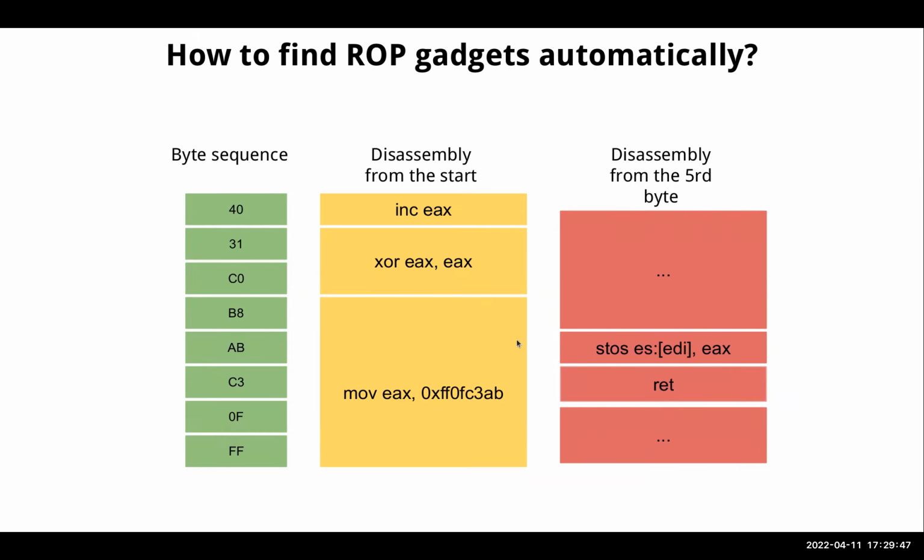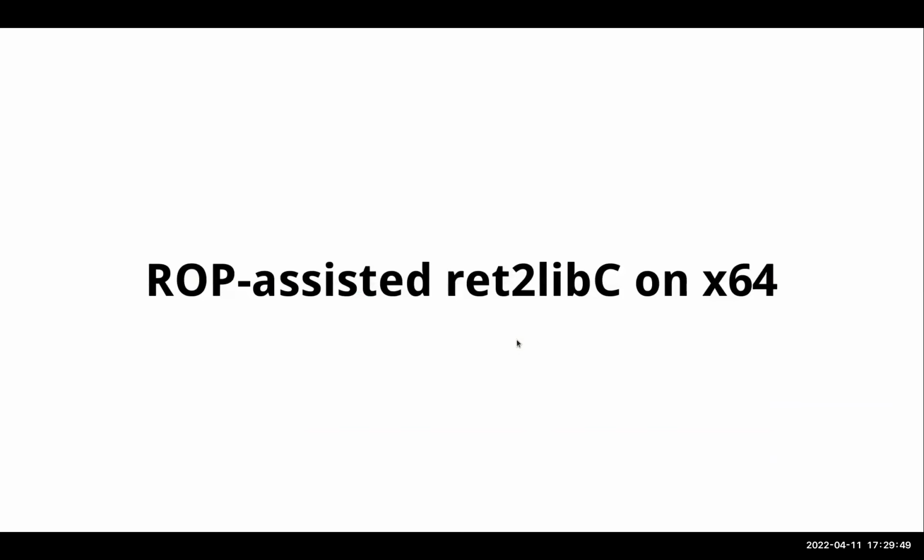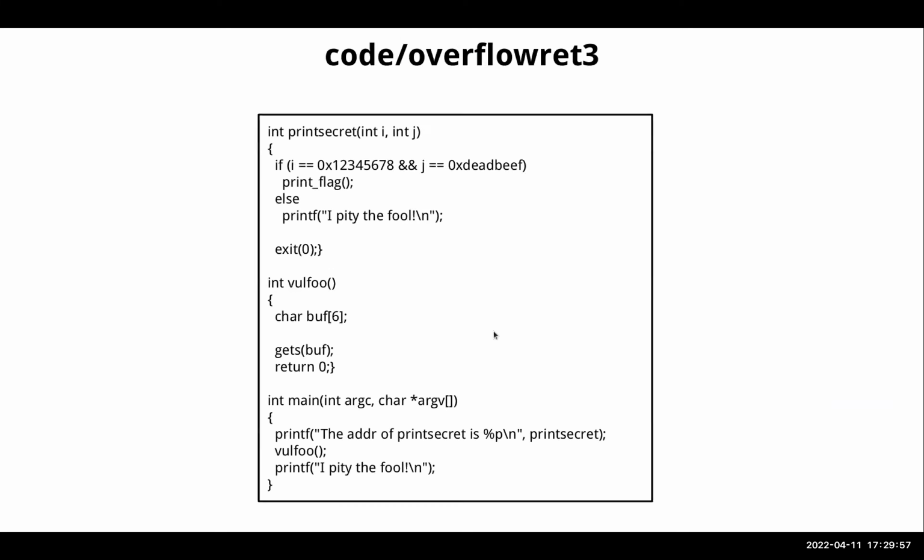Okay, so next, let's see how we can do ROP-assisted return to libc, or return to any function, on x86. Those functions have arguments. So we're going to revisit our Overflow Return 3. This is the source code of it.